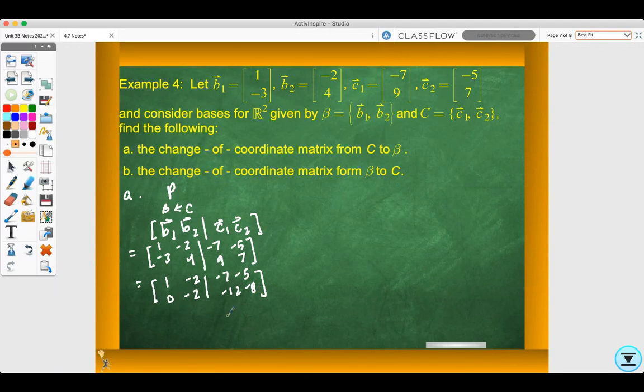And then I can take -1/2 of row 2 to get 1 here, and then negative row 2 and add it to row 1. So I'm doing 2 steps. First, I'm going to take -1/2 of row 2, and then I'm going to take negative row 2 and add it to row 1.